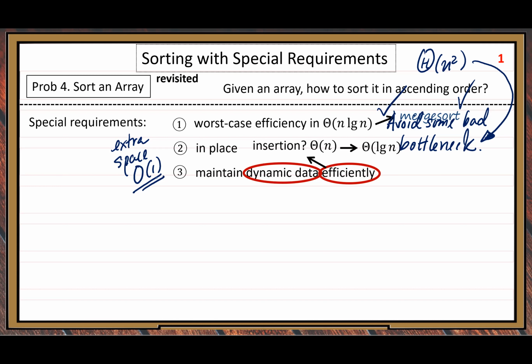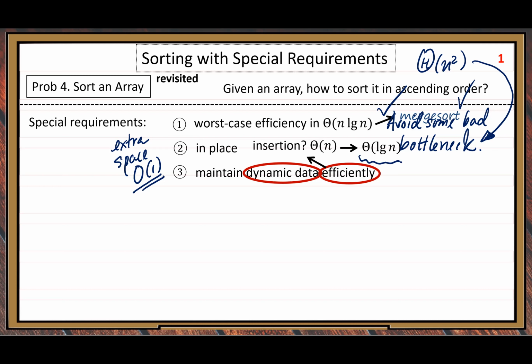But we feel that cost is not good enough. Insertion sort, that step, big theta of n, is not very good when n is large. We would like to have a much better one, big theta of log n.